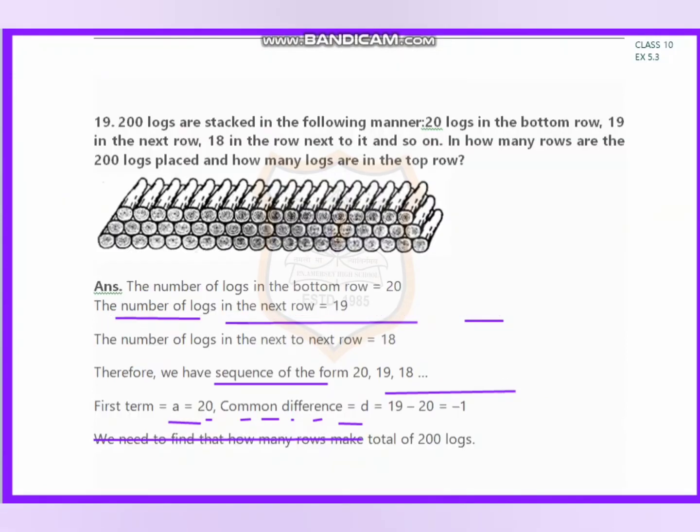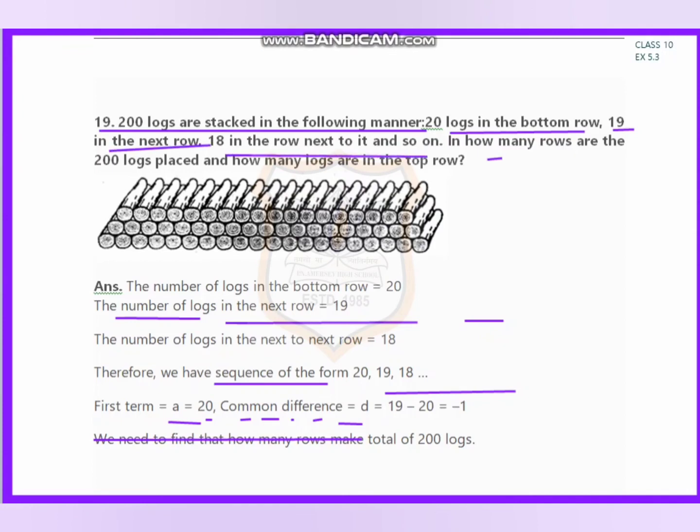Next question is 19. 200 logs are stacked in the following manner: 20 logs in the bottom row, 19 logs in the next row, 18 in the next row, and so on.